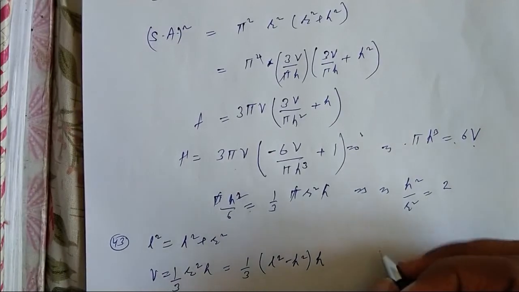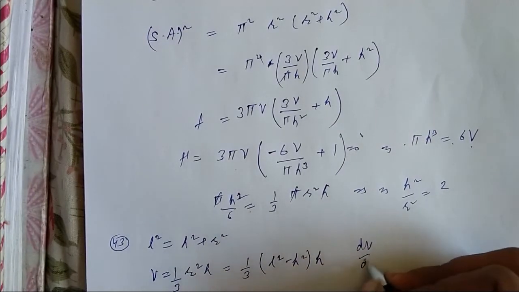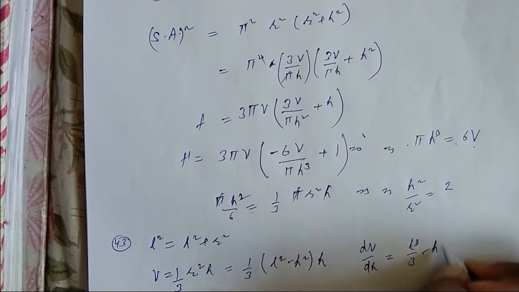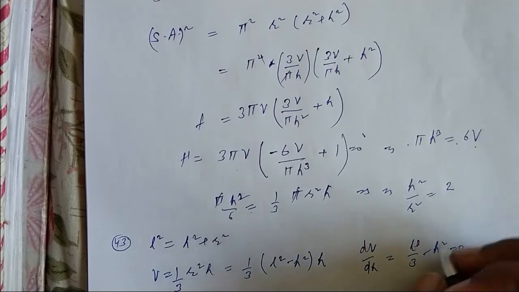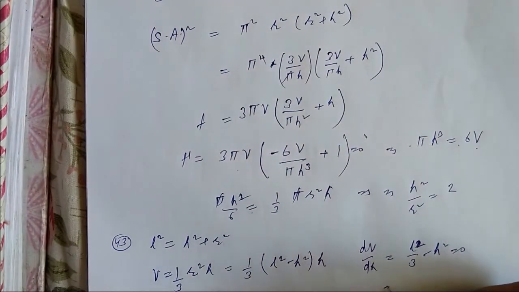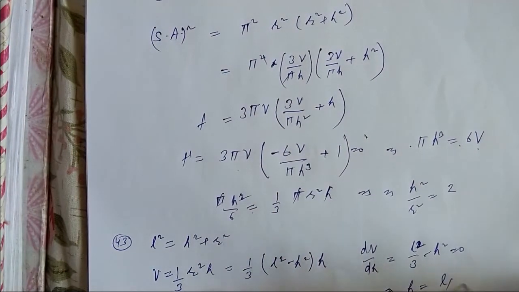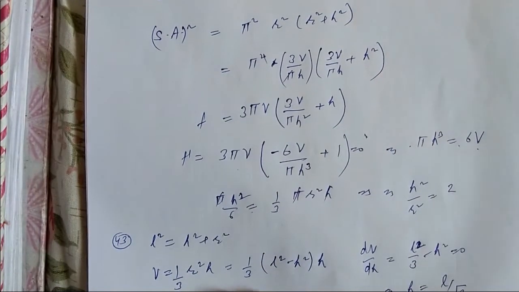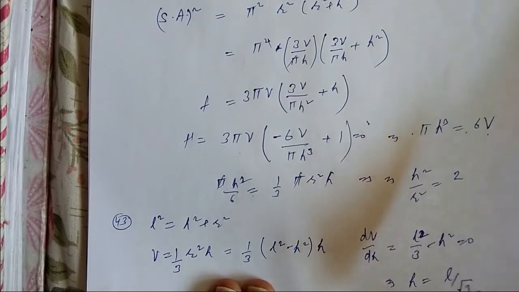Now differentiating, dV by dh is equal to L²/3 minus h² is equal to 0. L² by 3 minus h² is equal to 0. Hence we get h is equal to L by root 3. Okay, moving on to the next question, question number 44.